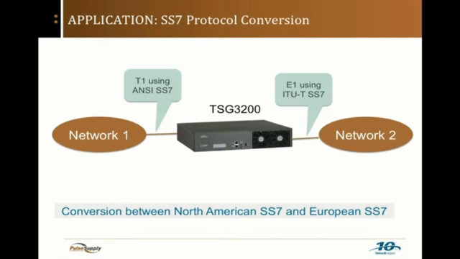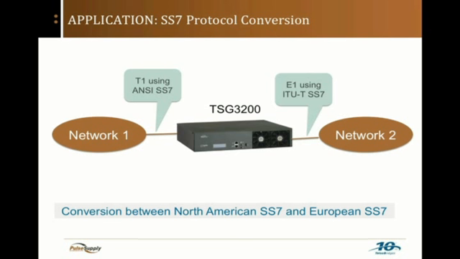Let me give another example here, which concerns the conversion from one variant of SS7 to another variant of SS7. In this case here, we're converting between a North American SS7 variant that's defined by ANSI and a European SS7 variant that's defined by the ITU-T. Here we're using T1 interfaces on the left-hand side and E1 interfaces on the right-hand side.